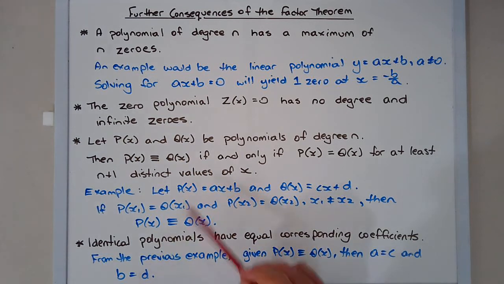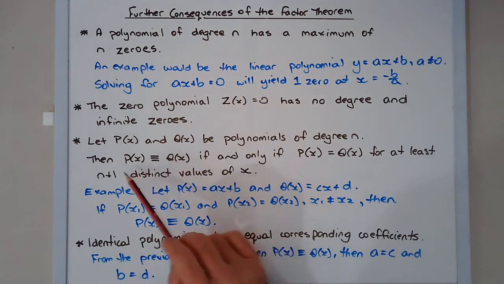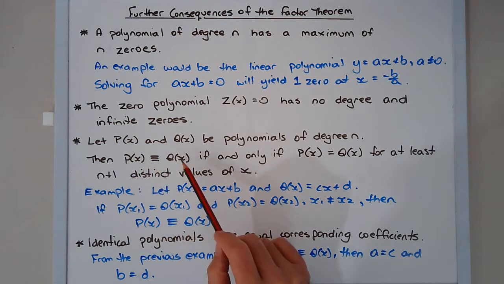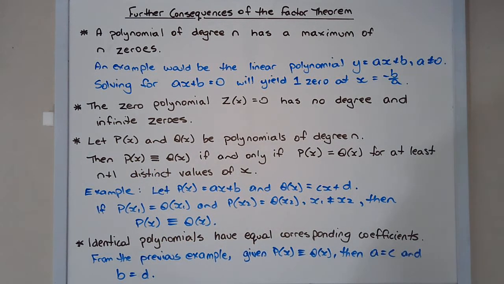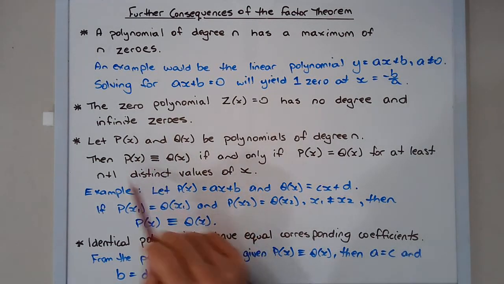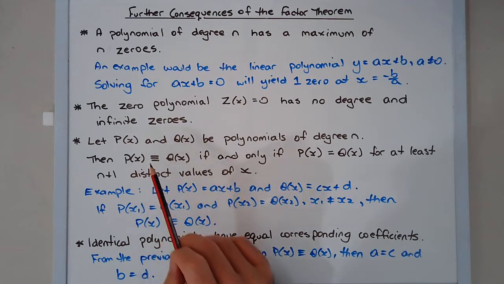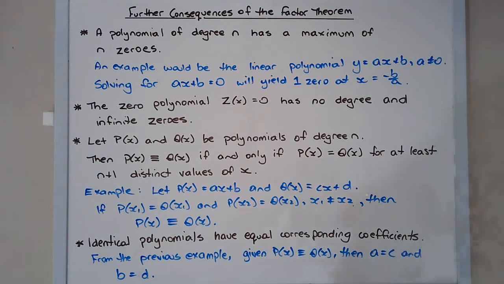So in other words, let's just say p of x and q of x are polynomials of degree 3. If we can show that p of x equals q of x for four different values of x, then we can state with confidence that p of x is identical to q of x for every value of x.